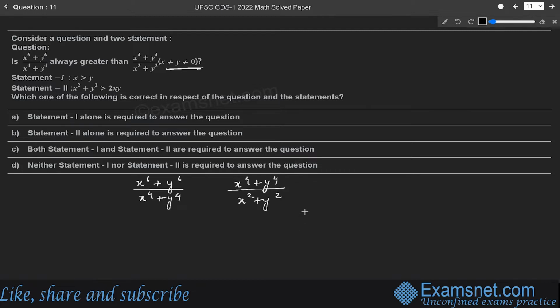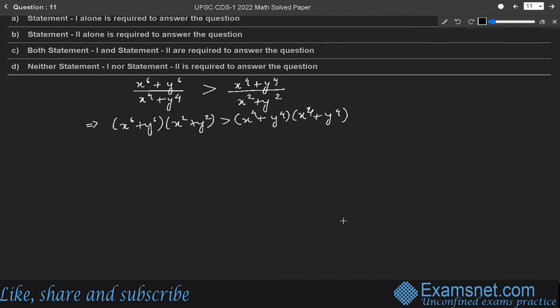According to the question, it is given that this term is greater than this term. So we can write that it is greater than this. Further, it can be written as (x to the power 6 plus y to the power 6) into (x square plus y square) is greater than (x to the power 4 plus y to the power 4) into (x to the power 4 plus y to the power 4).